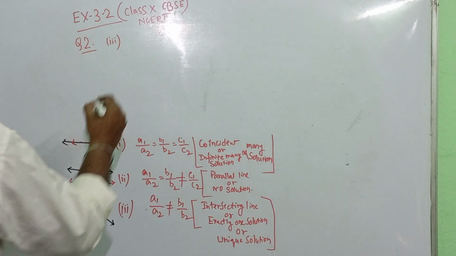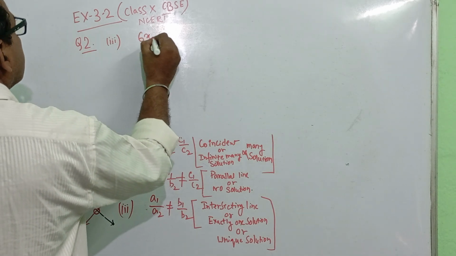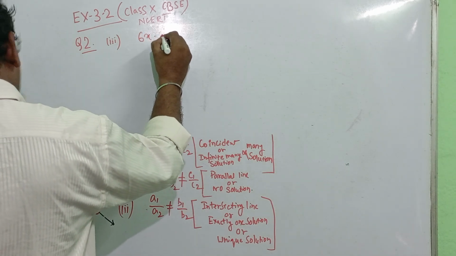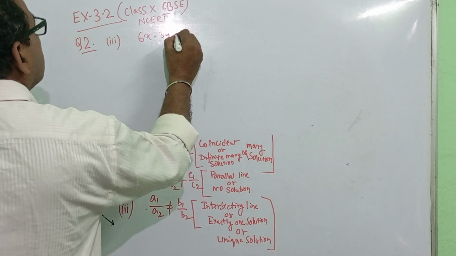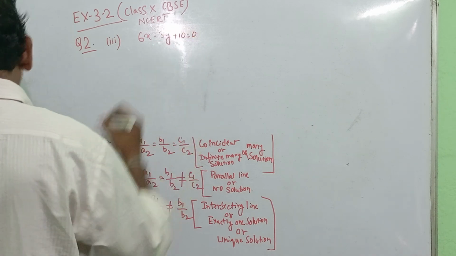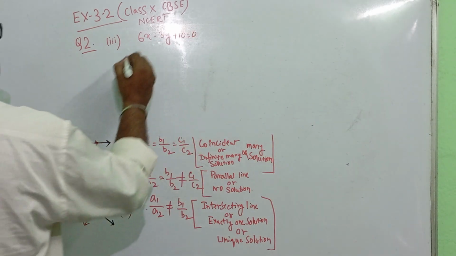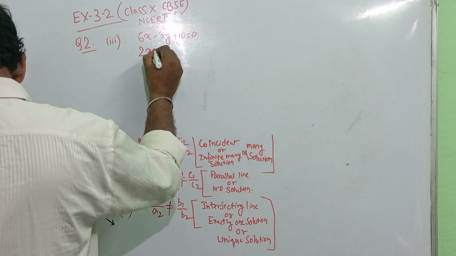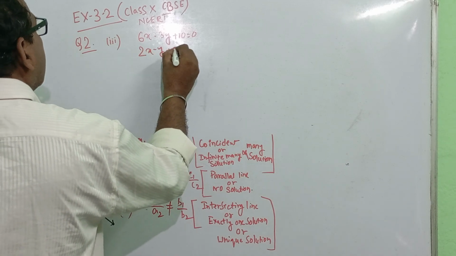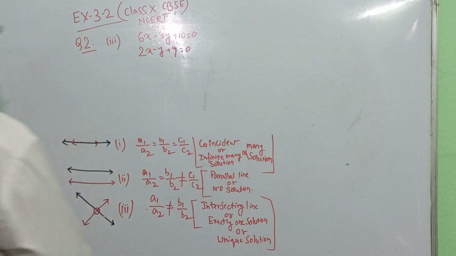Two equations are given: 6x minus 3y plus 10 is equal to 0, and the second one is 2x minus y plus 9 is equal to 0. Now what we will do?